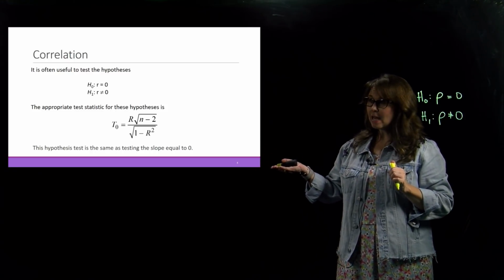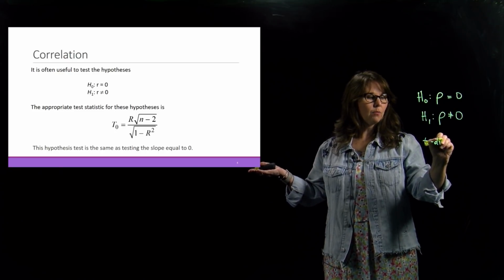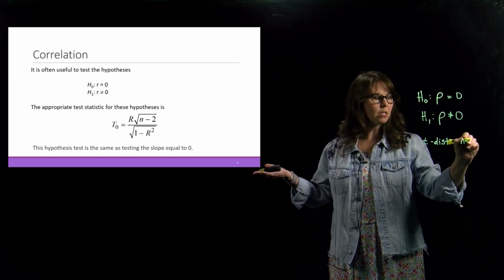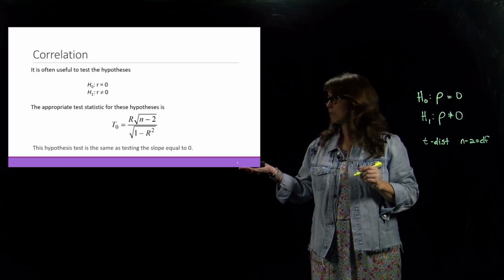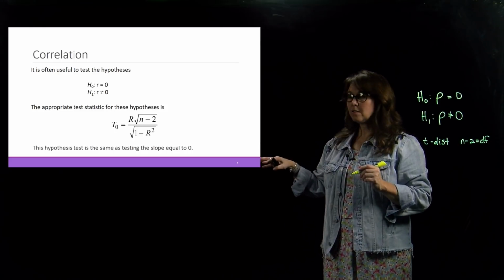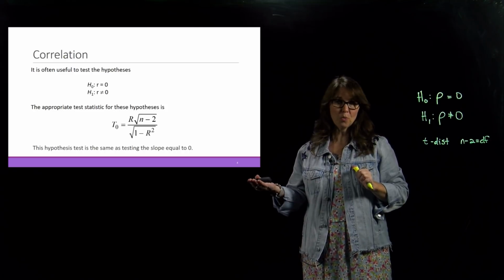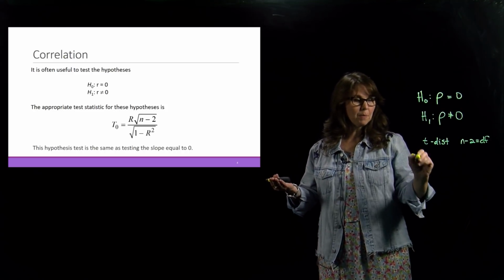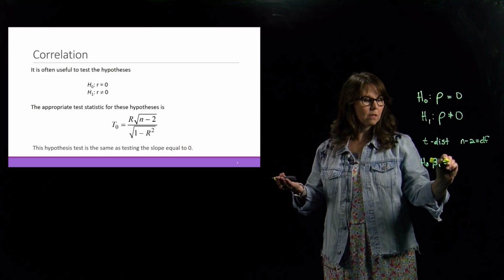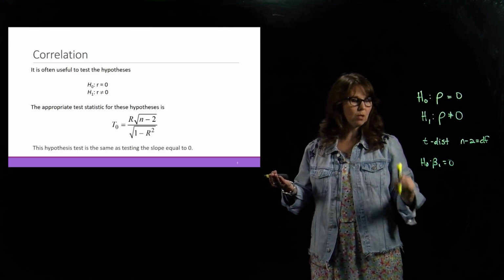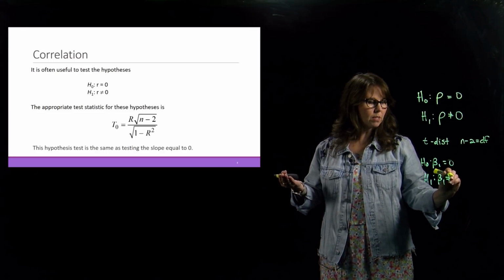So notice that we're still looking at the t distribution, and we're still going to be talking about n-2 degrees of freedom. So that's important, but notice that this note at the bottom says that the hypothesis test is the same as testing the slope equal to 0. So remember a couple of sections ago, we looked at the hypothesis of beta 1 equals 0 versus the alternative that beta 1 was not equal to 0.